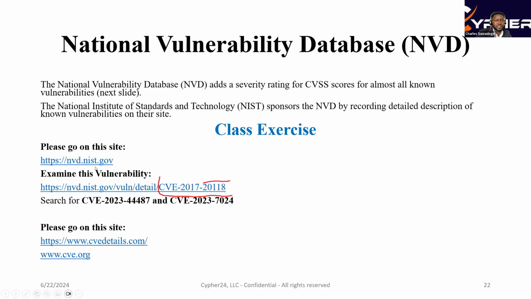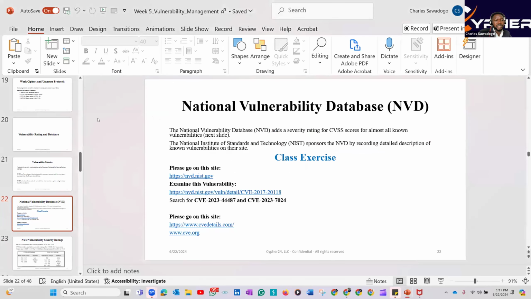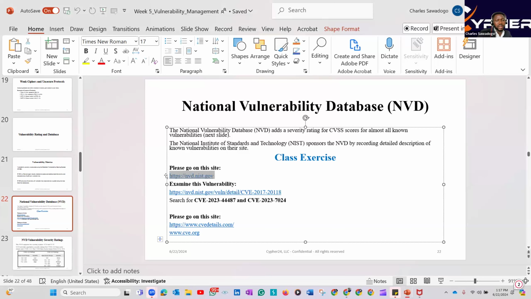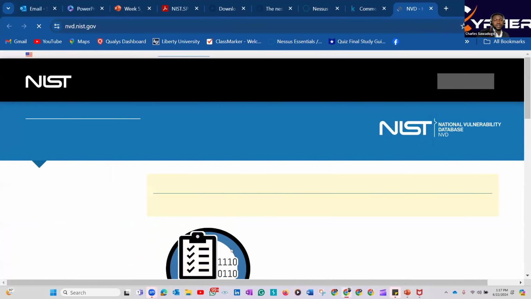So if you go to this website here, you're going to see the NVD, which is the National Vulnerability Database. I'm sending the link in the chat for you here. Just go to this site and you will see. All right, so click there and it should take you here.